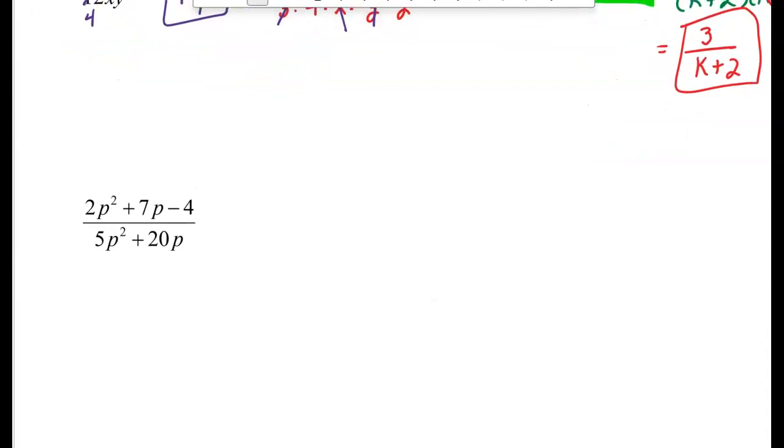Oh, wait. Do you see why, now that I'm telling you, we had to make sure that we knew how to factor before we did this? With this first one, let's do just the numerator first, then the denominator. You just do them separately. So basically, it's like a double factoring problem. So we got 2p squared plus 7p minus 4. Is there a greatest common factor? Okay. So then we count terms. How many? Trial and error.